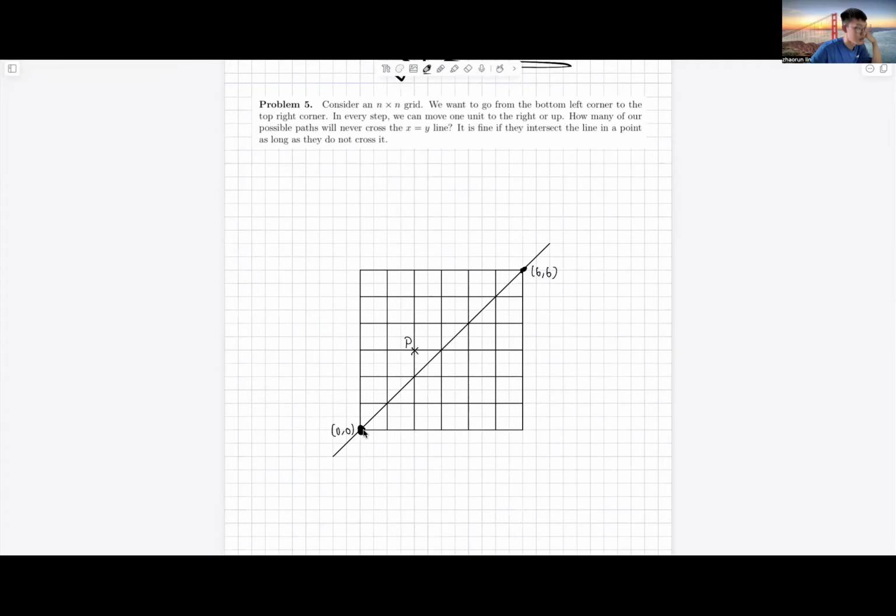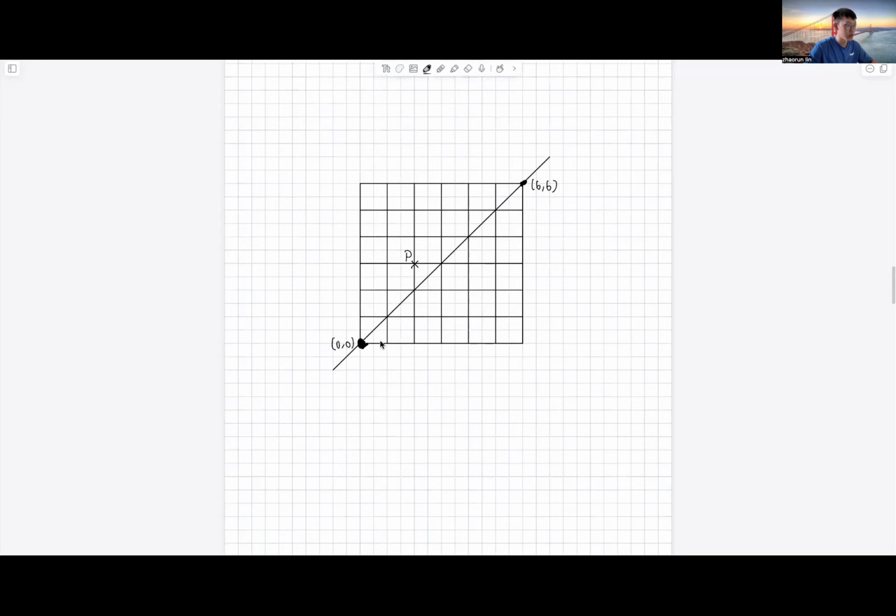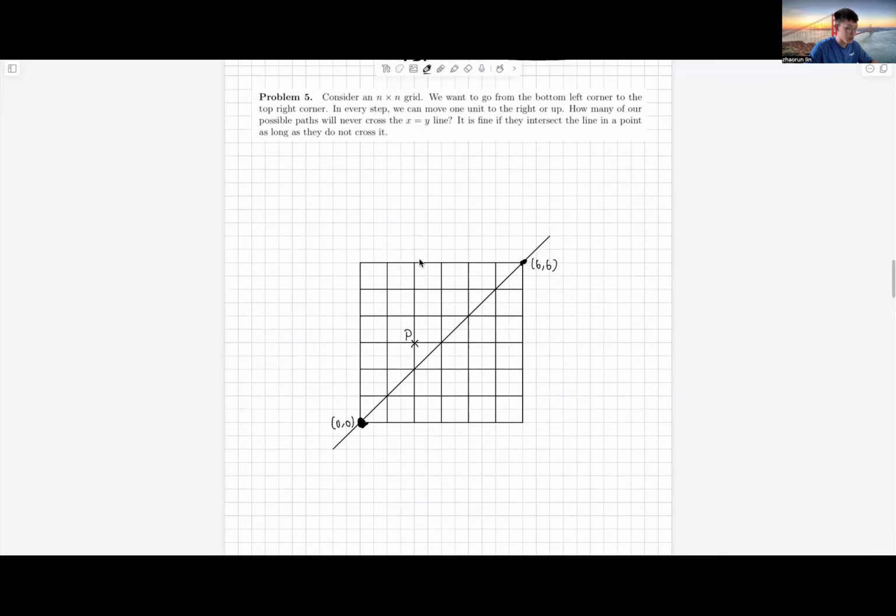So let's first consider, the number of ways that we don't cross y equals x is the total number of ways from the bottom left corner to the upper right corner, minus the number of paths that cross this line, right? So the total number of ways minus the number of ways that we cross this line is the number of ways that we don't cross this line.